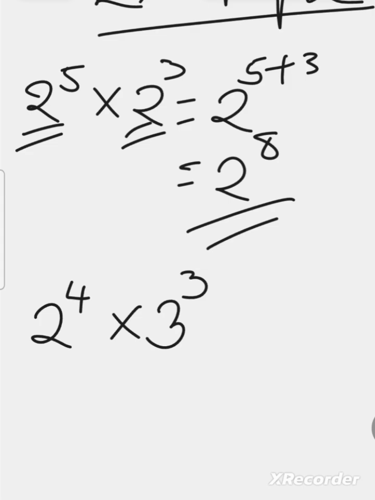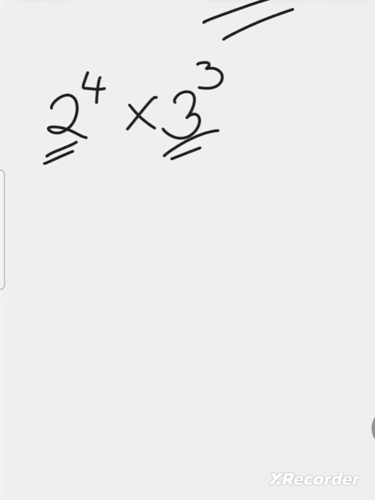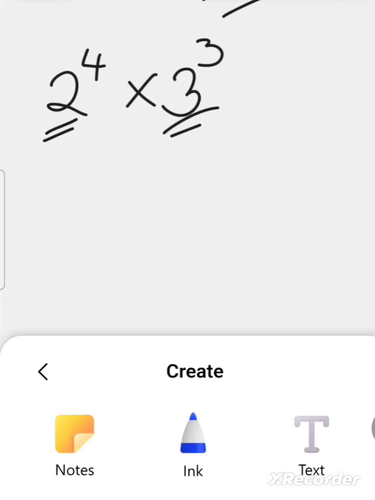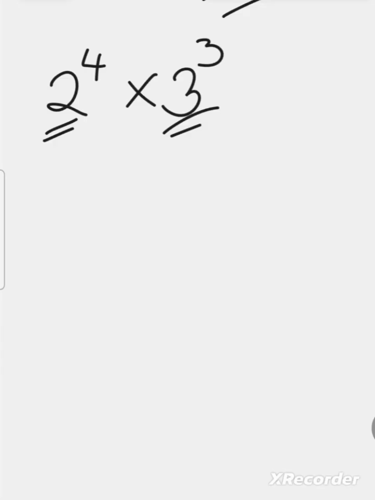The answer is no, because the bases are different, so you cannot apply the law of indices. The first base is 2 and the second base is 3. So you can only apply these laws of indices if the bases are the same.